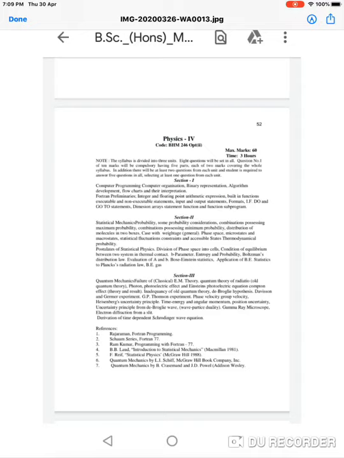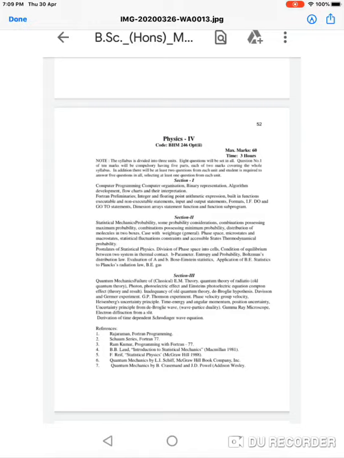Then we will discuss the Einstein photoelectric equation and some quantum explanation of the particle nature of light. Then the Compton effect, which is the vivid confirmation of the particle nature of light.